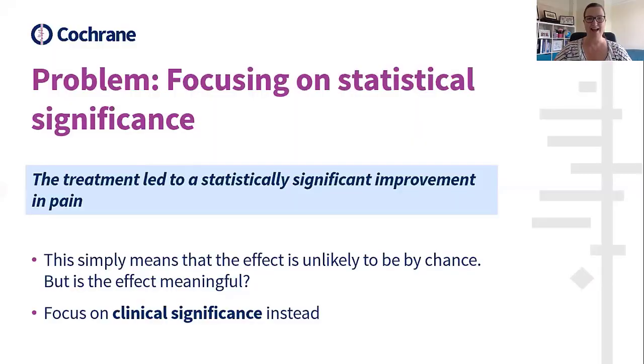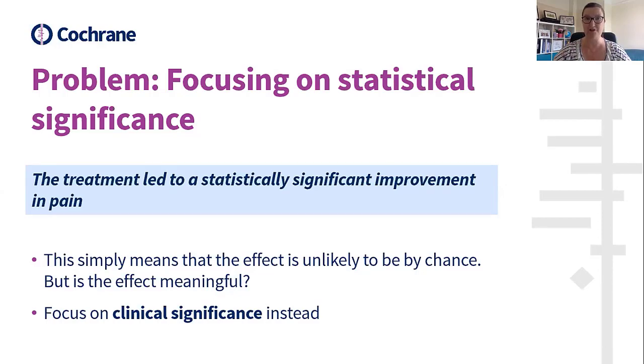Right. A second problem that we see very frequently is people who focus too much on the statistical significance of a result. A typical statement we might see is one that says, the treatment led to a statistically significant improvement in pain. But all this actually means is that the effect is unlikely to have occurred by chance.